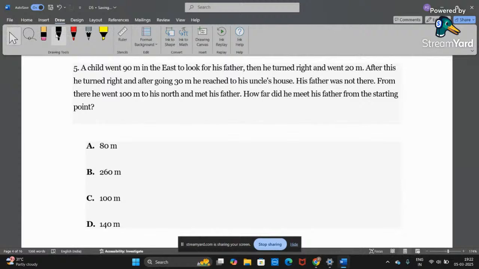Now let's find the answer for this. A child went 90 meters east to look for his father. 90 meters east means this direction, right? I'm writing this as 90 meter. Then he turned right and went 20 meter.